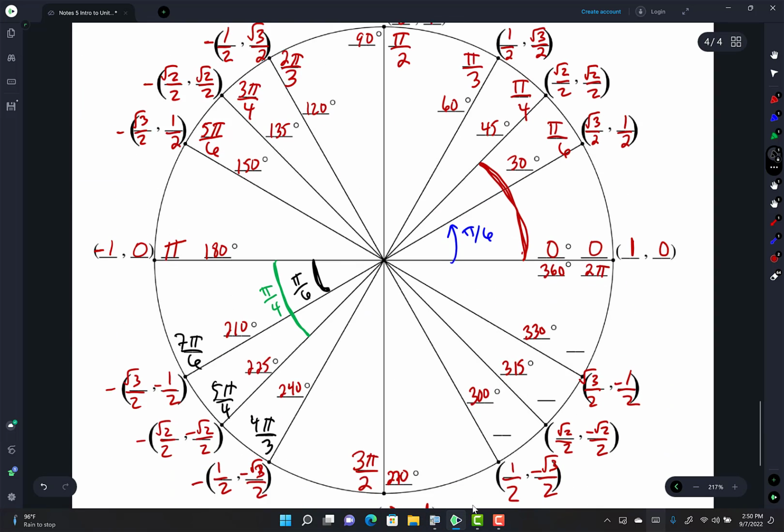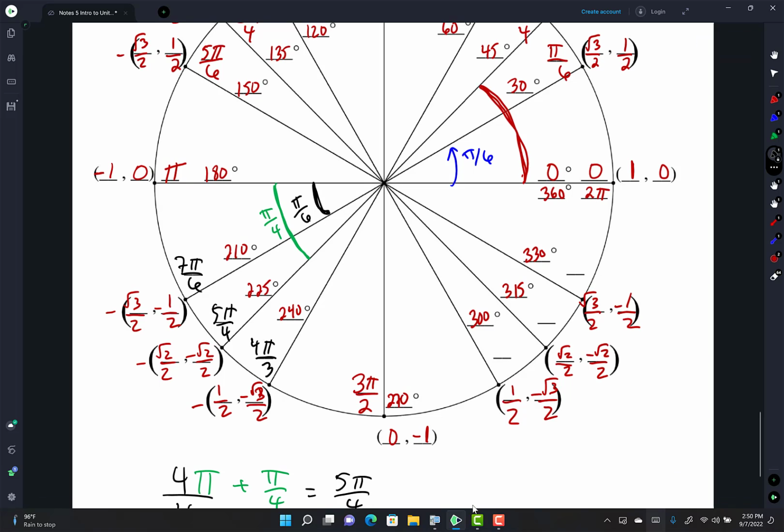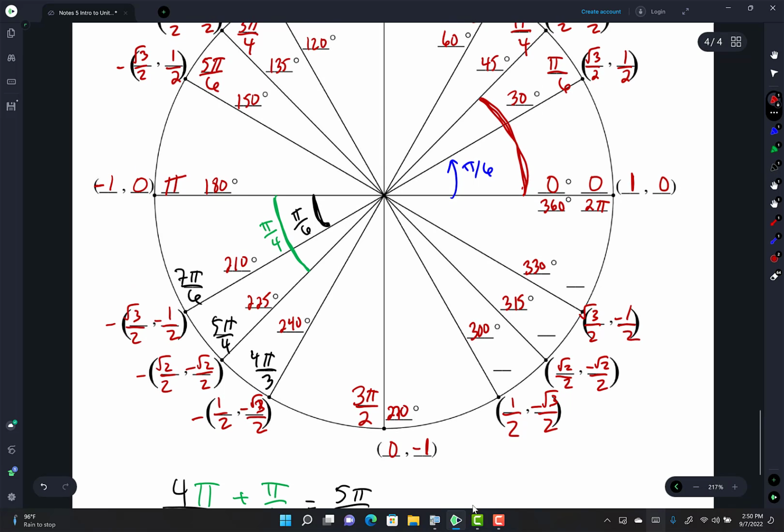All right. Check it out, guys. Hopefully you guys are having good conversations. Look at this gap here. That gap is pi over 6. I'm pi over 6 away from a whole 2 pi. So this at 330 has to be 11 pi over 6.